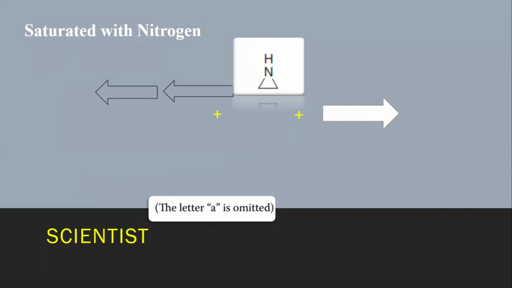Now we will discuss saturated systems with nitrogen. You have listened many times that I was using the words saturated system without nitrogen. What does that mean? Is there any difference between the nitrogen containing heterocyclic naming and the naming without nitrogen?